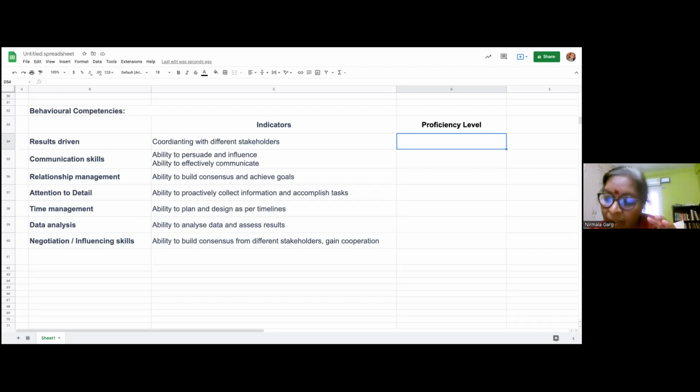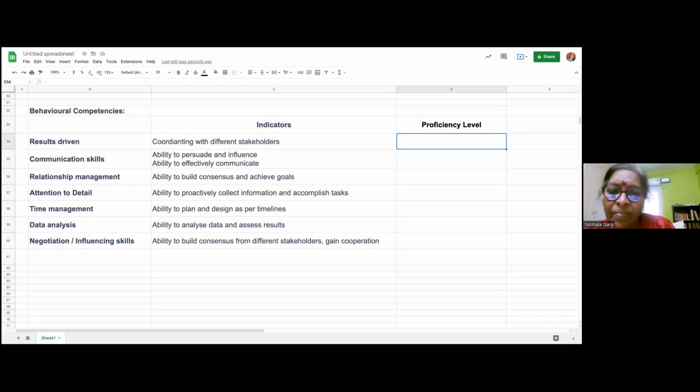Only when you say, for example, Sumit is a training manager. Now, I want to either hire him or I want to do performance management for him, whatever. One of the behavioral competencies is negotiating and influencing skills.